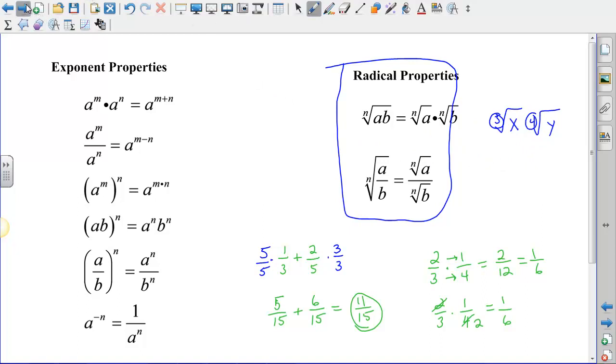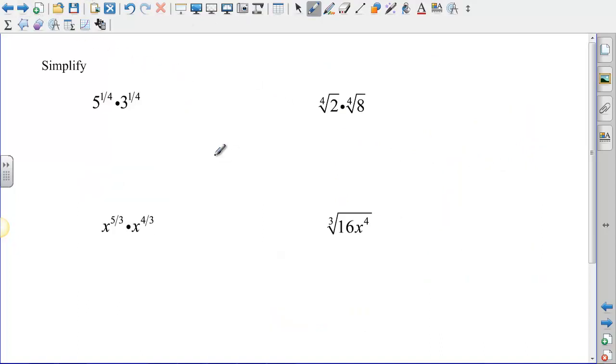All right? Now, let's simplify a few things. Here we have 5 to the 1/4 times 3 to the 1/4. Again, those are both 1/4. So what I can do is I can say that's going to be 5 times 3 to the 1/4, and 5 times 3 to the 1/4 is 15 to the 1/4.